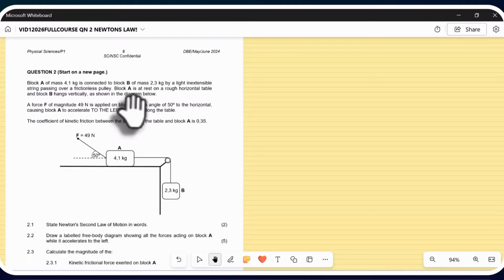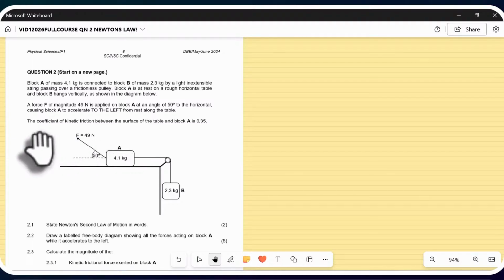Then block A is at rest on a rough horizontal table and block B hangs vertically as shown in the diagram below. Then a force F of magnitude 49 newtons is applied on block A at an angle of 50 degrees, you see it here, to the horizontal, causing block A to accelerate to the left.